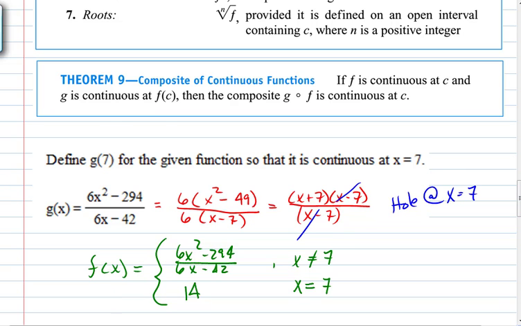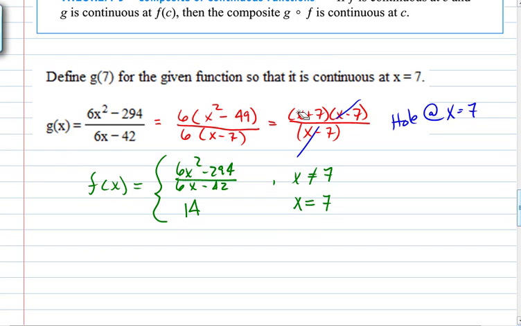Okay? Where was 7 plus 7? Right here. After I reduced the common factors, I was left with this. So what that means is I have a hole at 7, and if I replaced x with 7 right here in my remaining factor, that tells me what y has to be when x is 7.